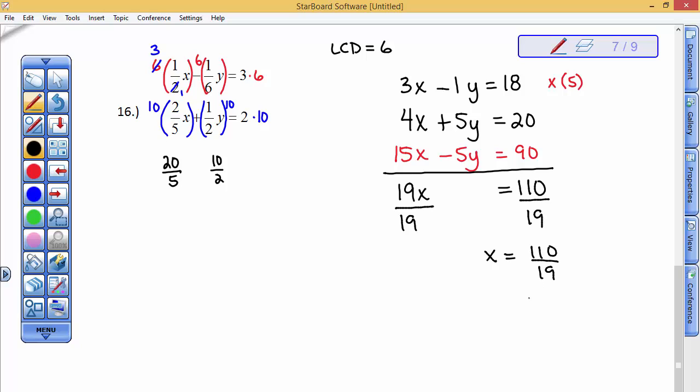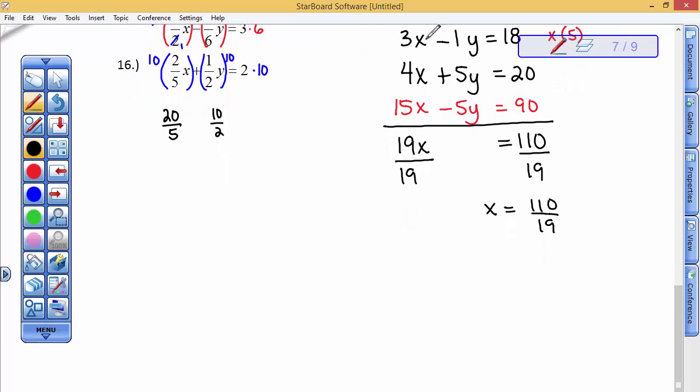Because that's such a nasty number to put in either here or here, I might start over again with this 3x minus y, and I'm going to do it right about here. So 3x minus the y equals 18, and 4x plus 5y equals the 20, and I think I'm going to make these become 12's. One of them positive, one of them negative.